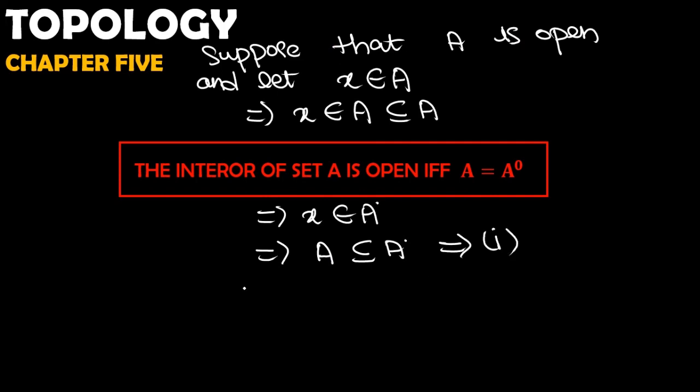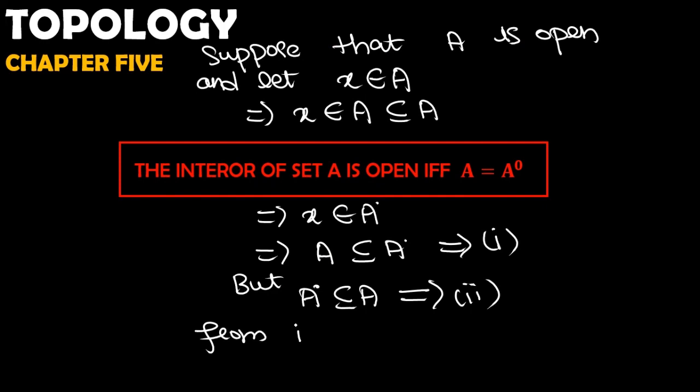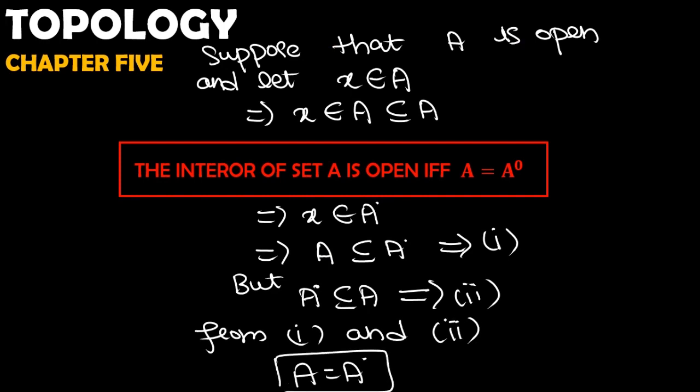That is equation 1. But we know, from the last example, that A interior is a subset of A. So this is equation 2. So from 1 and 2, A is equal to A interior. We have proved that.